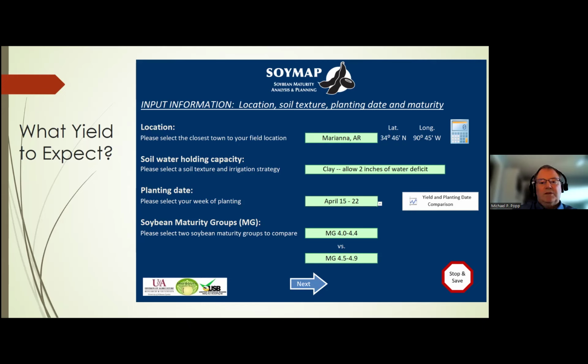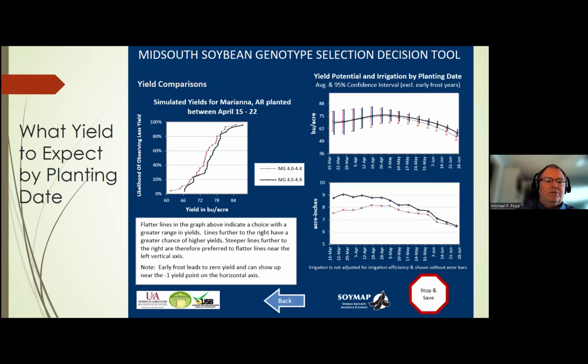The last time I gave this talk, I was near Marianna, Arkansas. You can put in loamy soils or clay soils, determine what week you want to plant in, and compare different maturity groups of soybeans. When you click on the yield and planting date comparison, it will give you this graph.